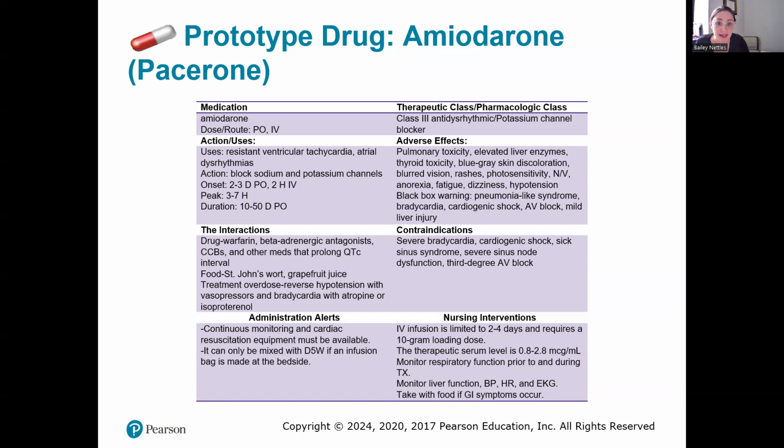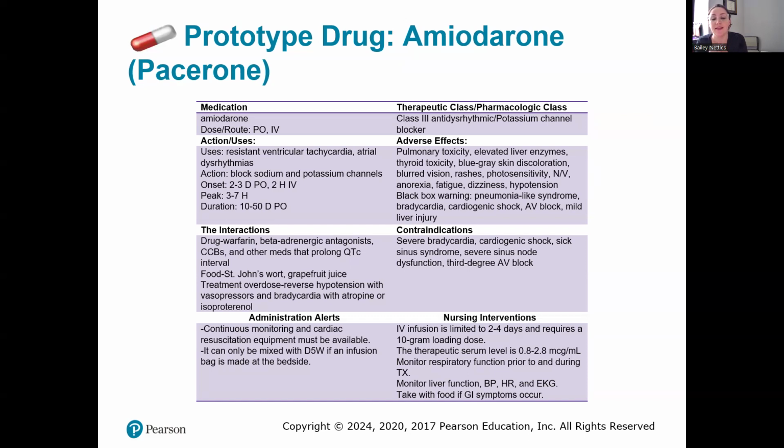So if you need to hang a bag of amiodarone and you've got to make the infusion yourself, you've got to know which one to grab. You need to grab D5W because that's the only thing it can be mixed with. No normal saline, no half normal, no LR. D5W.